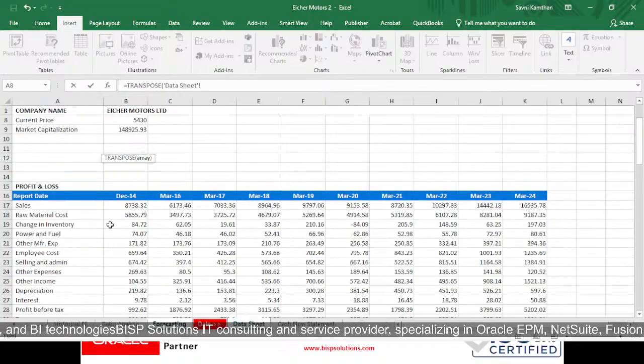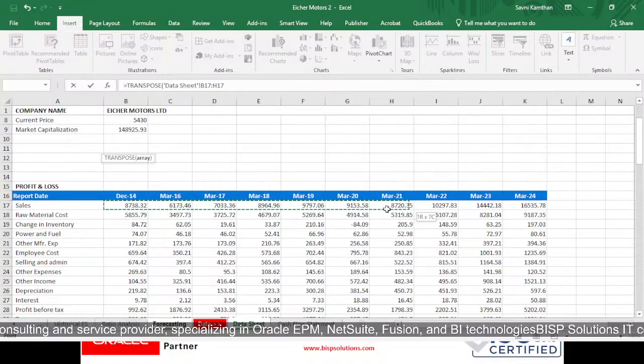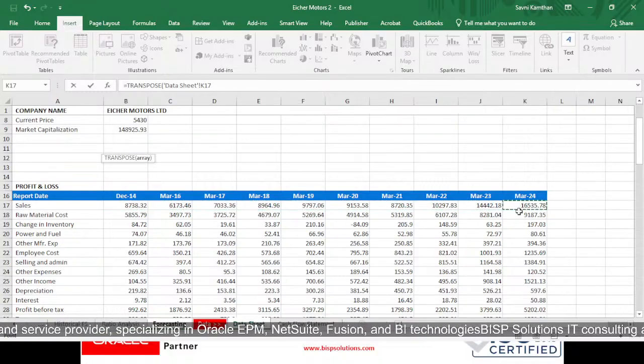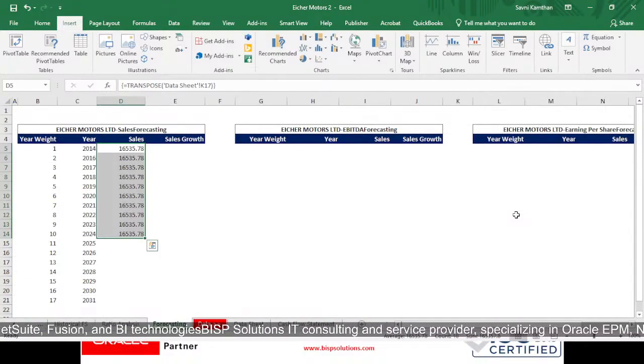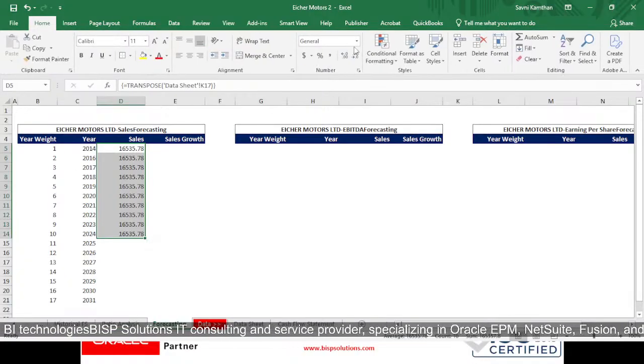So we will be going to our data sheet and selecting from this sales till the end. Now I will not be clicking the enter button. I will be pressing Ctrl Shift and Enter, then it will be giving me the data over here. Firstly we will be checking whether it has numbers over here or not.